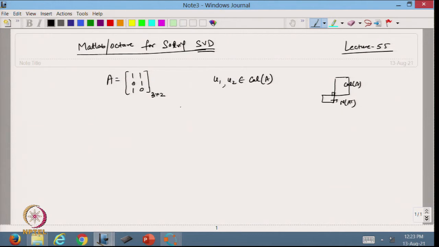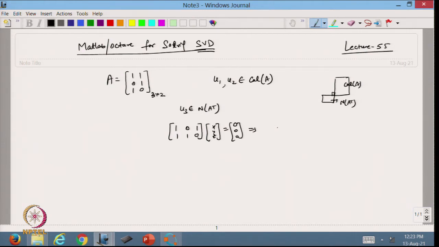So I can choose U3 from the null space of A transpose, and it will be perpendicular to the column space. So I take A transpose, which is 1 0 1 1 1 0, multiplied by x y z, equal to 0 0 0.